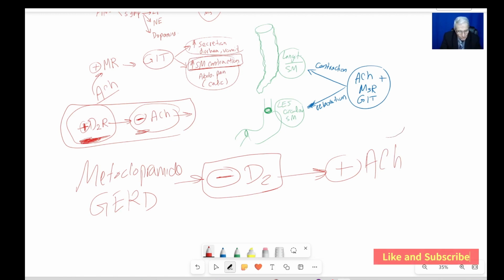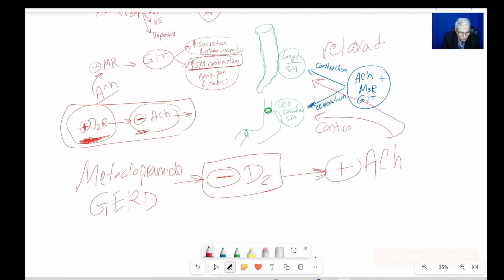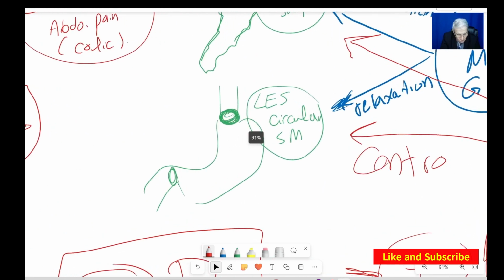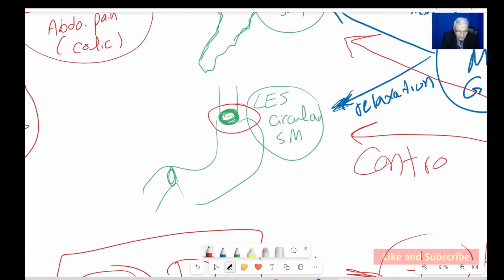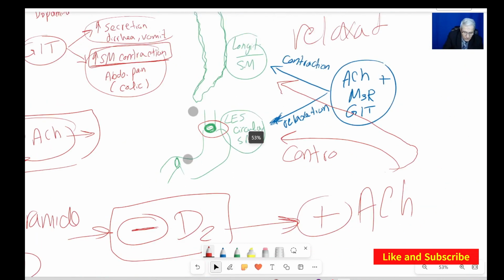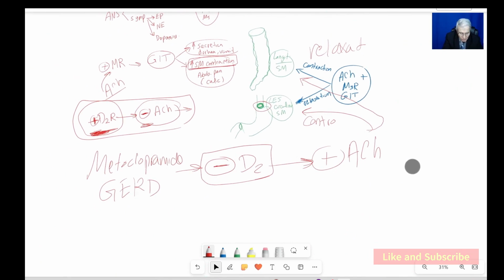The opposite will be relaxation of the longitudinal muscle, and on the other hand, contraction of the sphincter. This enhances the tone of the sphincter, the lower esophageal sphincter. For this reason, now we can explain what happened there.